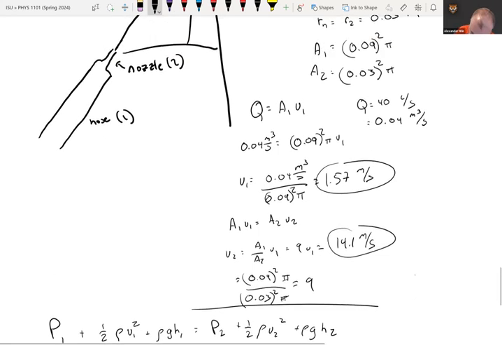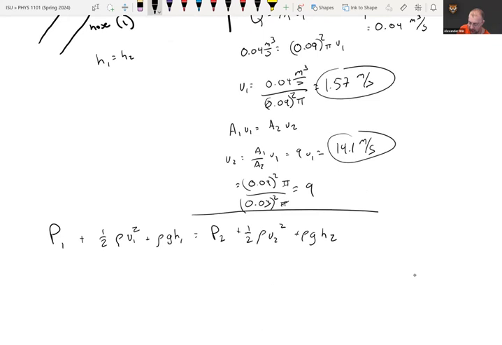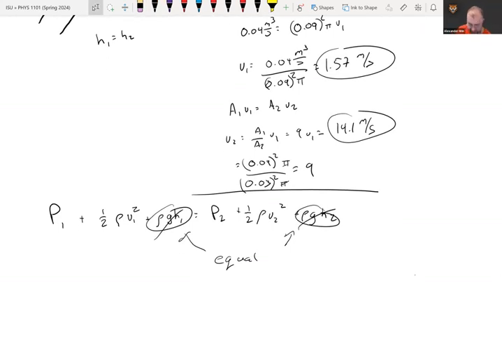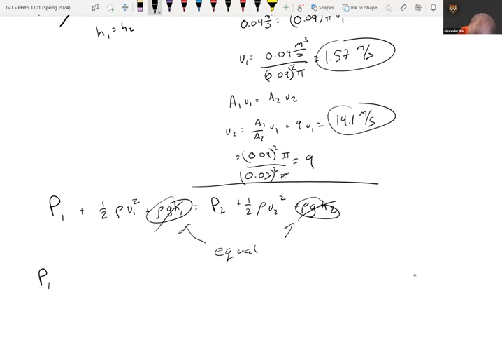So we're just going to say H1 equals H2, whatever that height happens to be. Now, if H1 equals H2, then these two terms are equal, which means they'll just cancel. And what you end up with is P1 plus 1/2 rho V1 squared equals P2 plus 1/2 rho V2 squared.